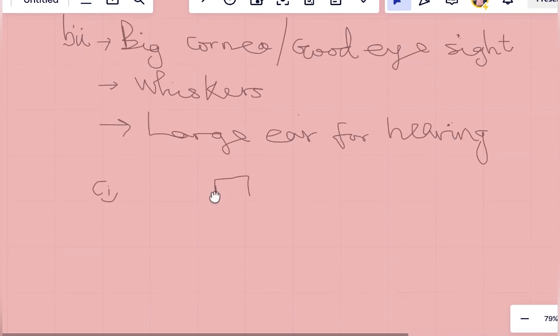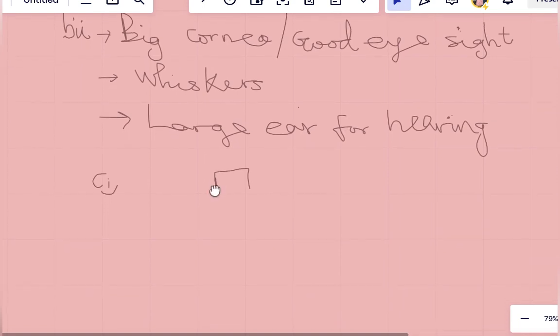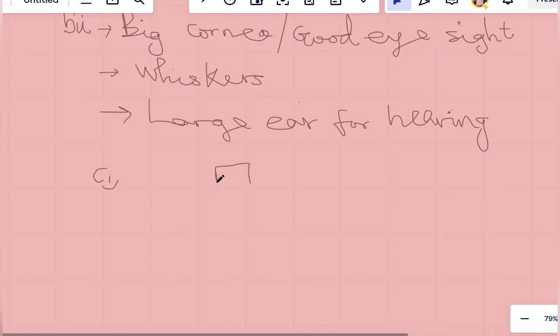Remember we can even make a pyramid here. This was for herbivores and the detritivores, and this was for the producers.